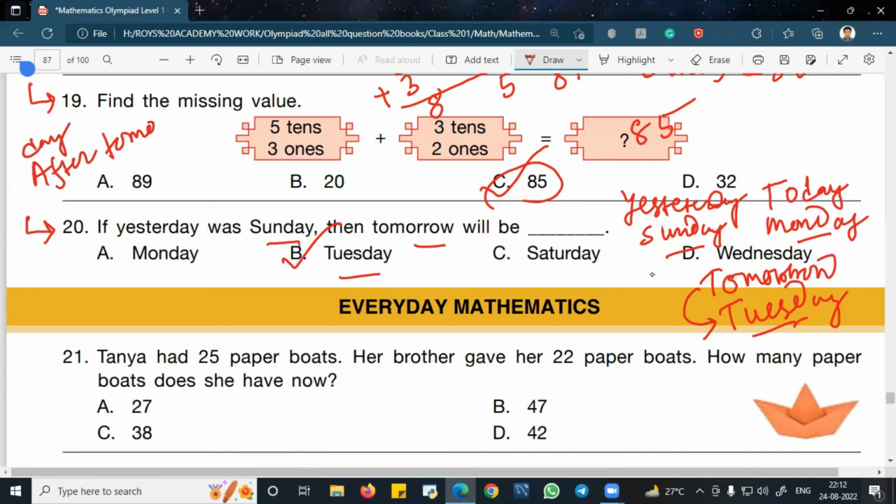Guys, you have to tell me in the comment section. The next day I will discuss it with you. You have to remember this. This is our point. Am I clear, dear student?